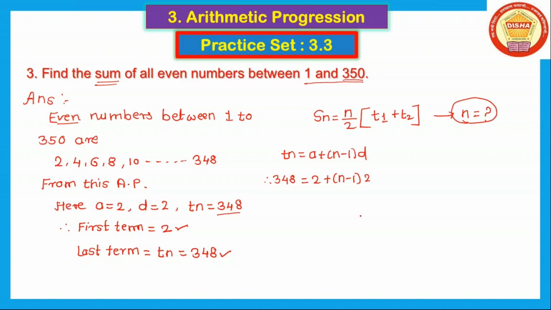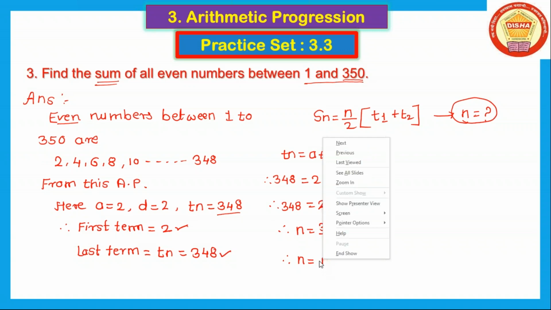Then we solve this equation: 348 is equal to 2 plus 2 into n is 2n minus 2. Plus 2 minus 2 cancel. So n is equal to 348 upon 2.